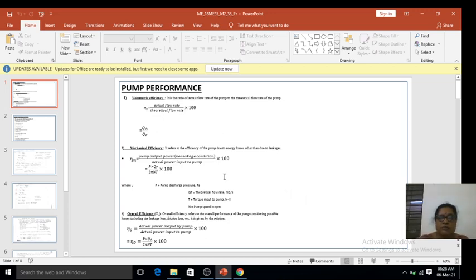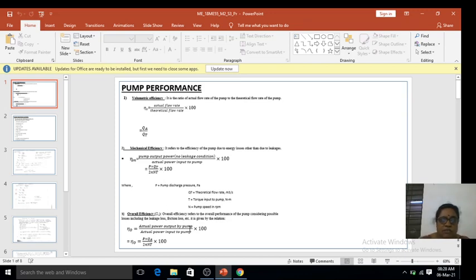Similarly, the mechanical efficiency, by the general definition as I told, is power output to the power input. Here mechanical efficiency is defined as the ratio of the pump output power to the pump input power, that is the actual power input. So it can be denoted as P Qt divided by 2 pi N T into 100, where Qt is the theoretical flow rate.